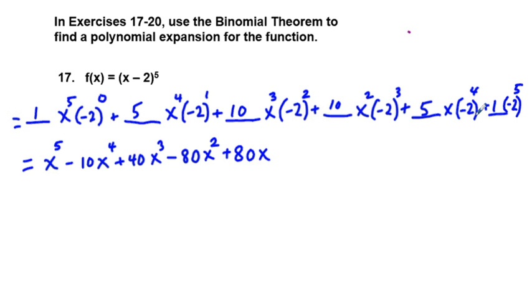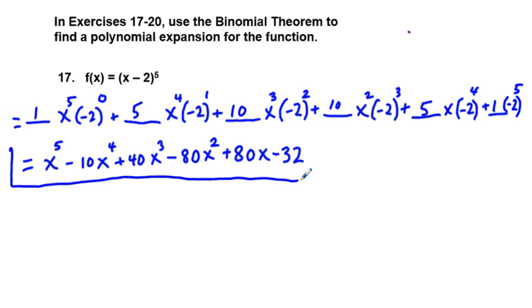And our last one is going to be negative 2 to the 5th power, which is going to be minus 32. So this is going to be our polynomial expansion for this function.